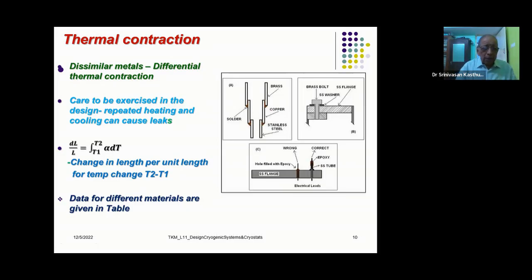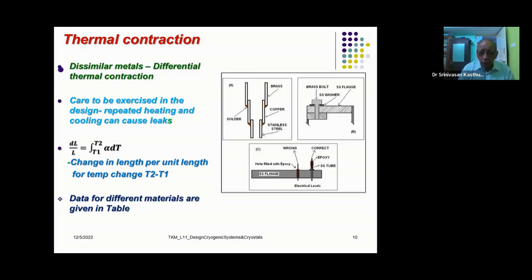So care has to be exercised in the design of such joints, looking into the thermal contraction data. Many times you may have to do repeated cooling and heating to make sure that it doesn't cause any leakage. This is what is called thermal cycling.